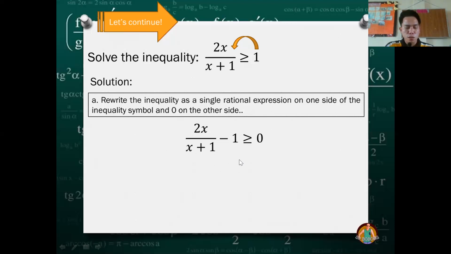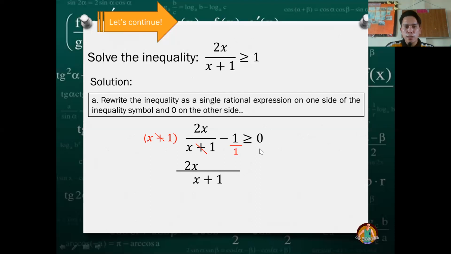So, paano yun? We're going to simplify. So, the LCD or the least common denominator is x plus 1. Okay? So, we are going to use the least common denominator. So, we all know that negative 1 has a denominator of positive 1. Okay? So, our LCD is x plus 1. So, x plus 1 divided by x plus 1 will give us 1 times 2x will give us 2x.